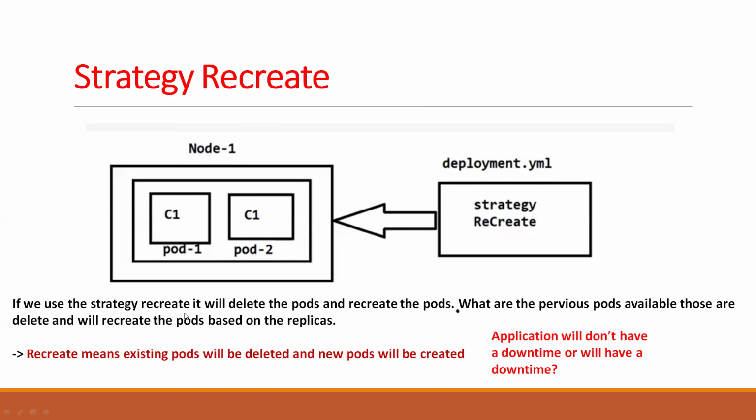If we use the strategy recreate, it will delete the existing pods and recreate the pods based on the replicas. Recreate means existing pods will be deleted and new pods will be created. Will the application have a downtime or not in the recreate strategy, guys?